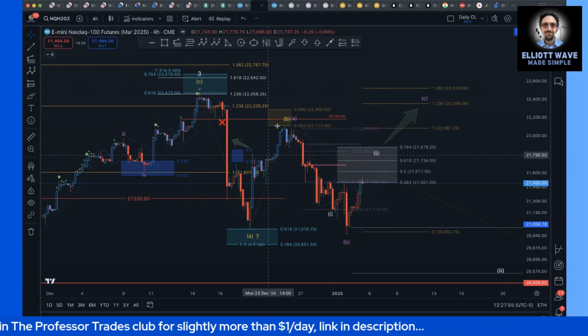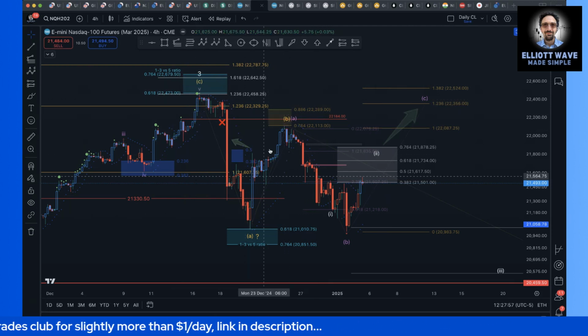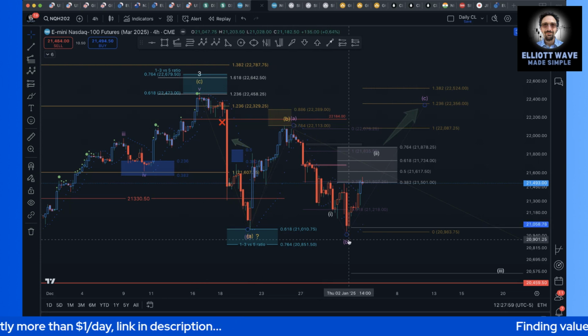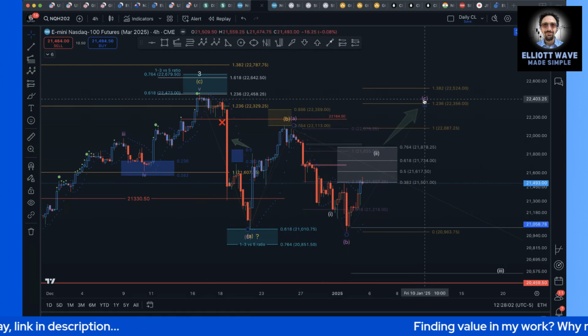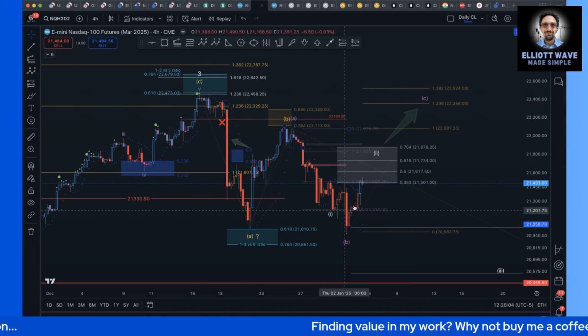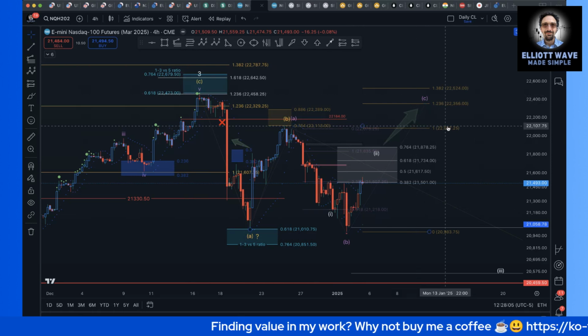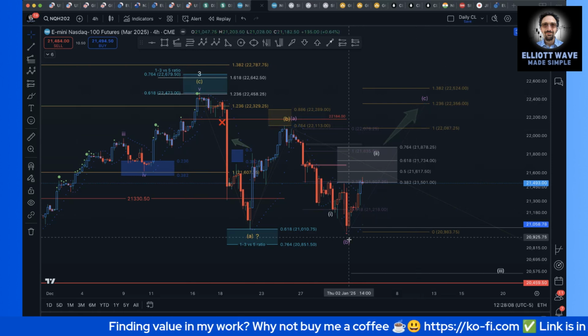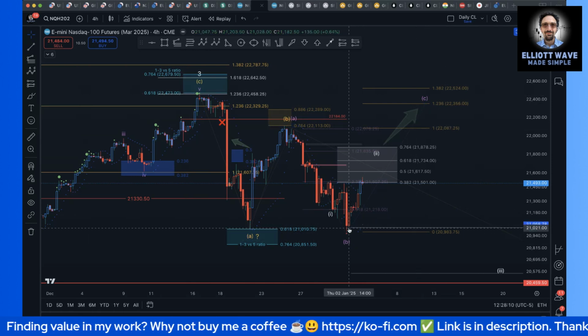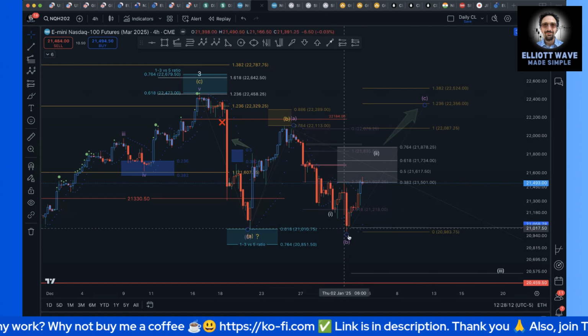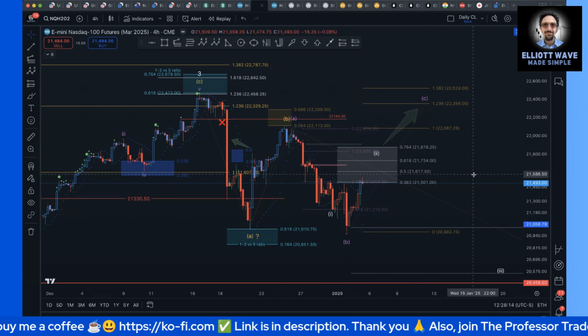So A, B, C. If that's the case, and the reason I'm leaning towards that, at least putting it on the chart, is because of how deep this came. It's more consistent with a B wave than it is a wave 1, just internally. I'm not going to bore you with all my measurements.